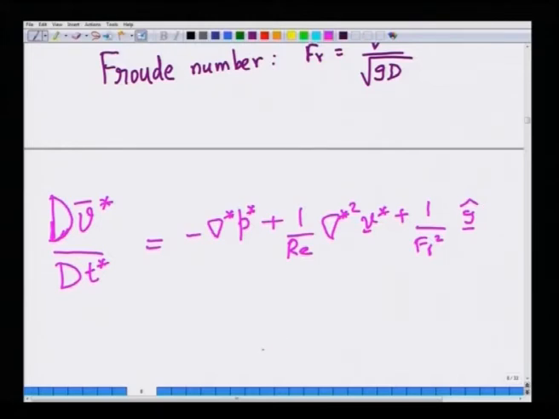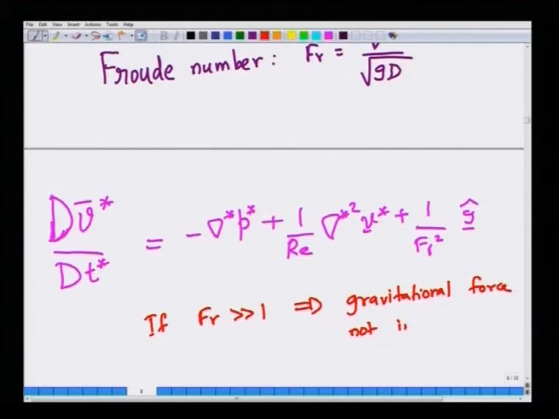Okay. Now, if gravity is not important, that is, if Fr is large compared to 1, that means that the gravitational force is not important, because Fr is very large compared to 1. So, 1 over Fr squared will be very small compared to 1.